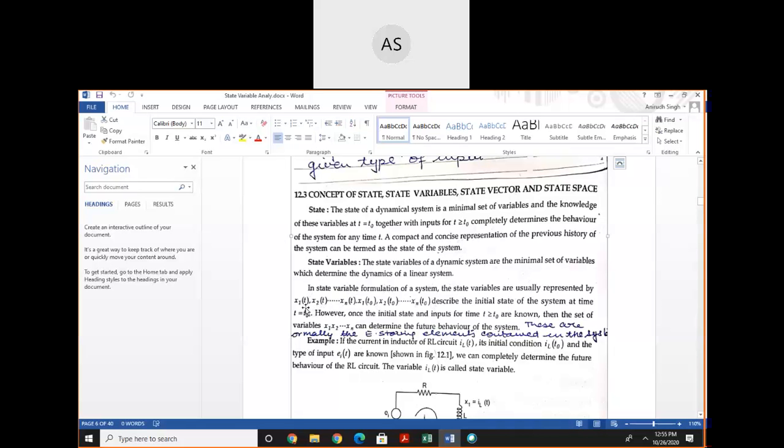Then state variables of a dynamic system are a minimal set of variables which determine the dynamics of the system. Here x1(t), x2(t) are the state variables, and x1(t naught), x2(t naught) are the initial conditions.